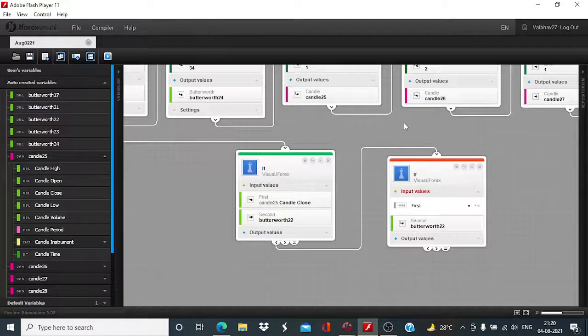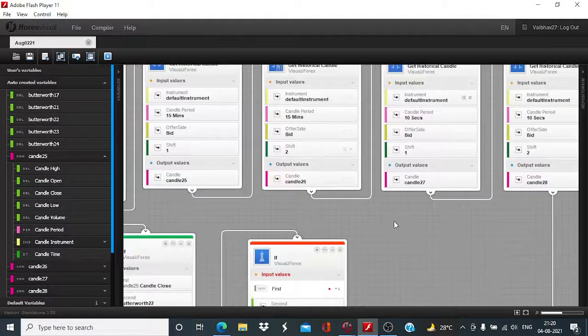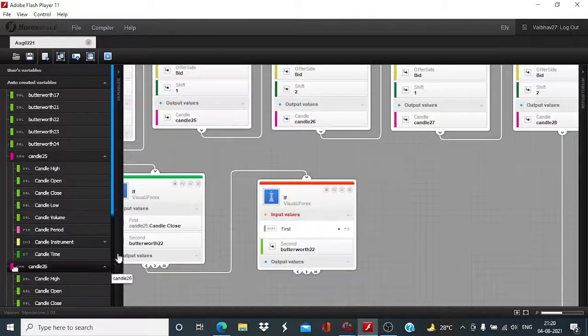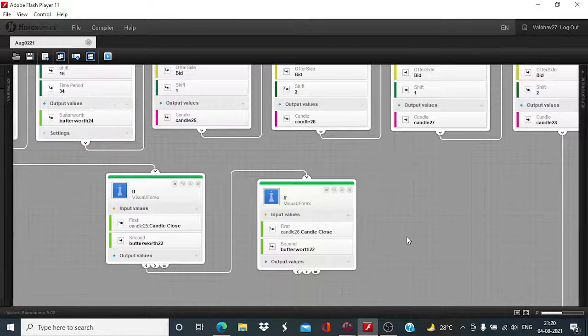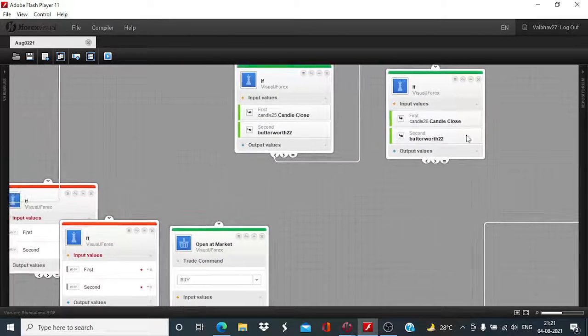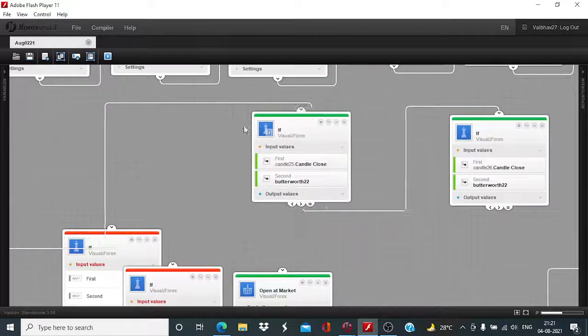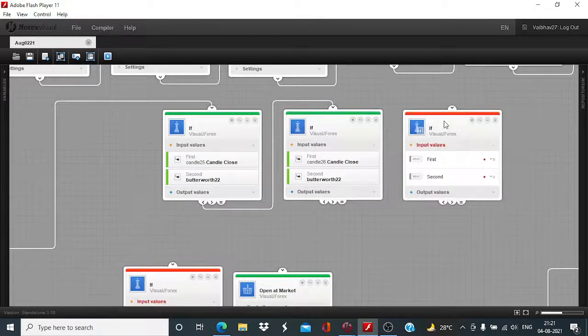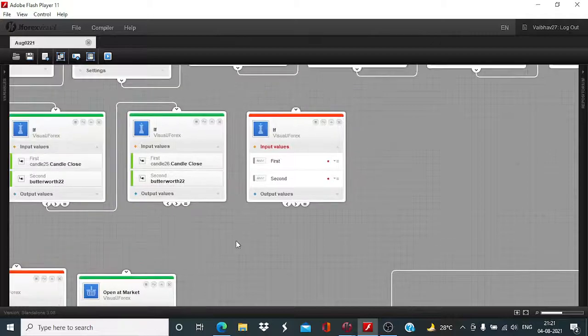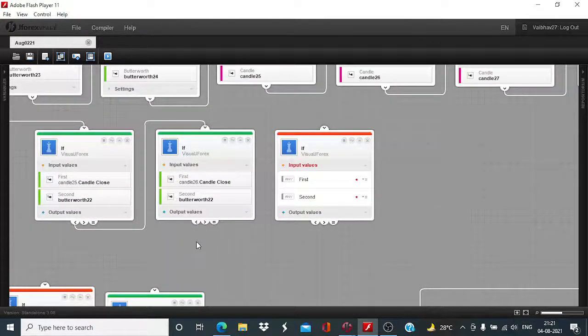This is the last 15-minute candle, and the penultimate one, which is candle 26, it should have closed higher. First input greater than second input.